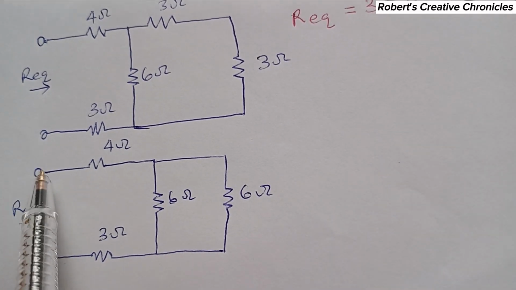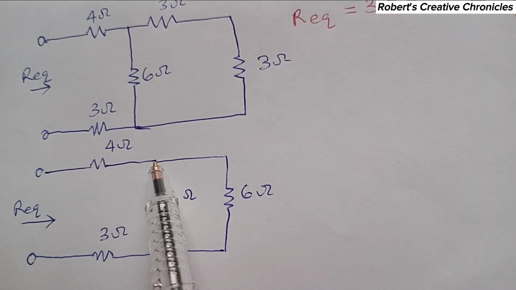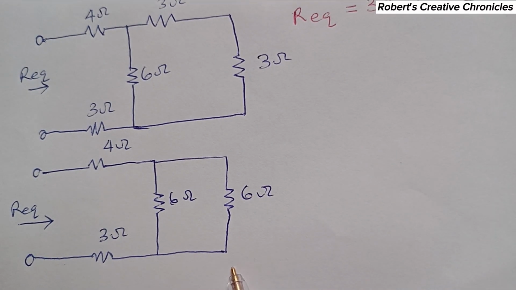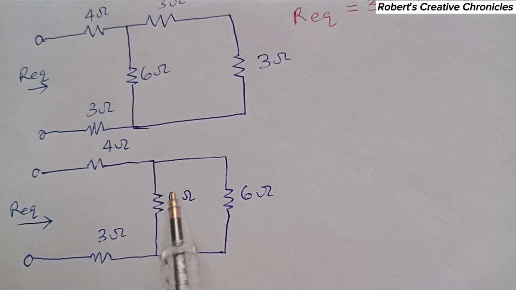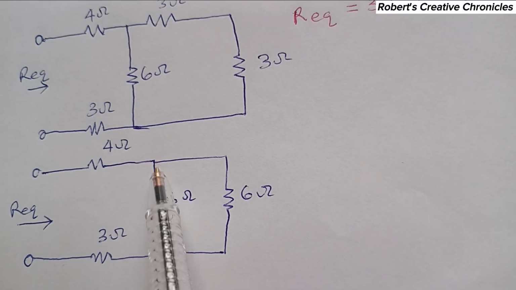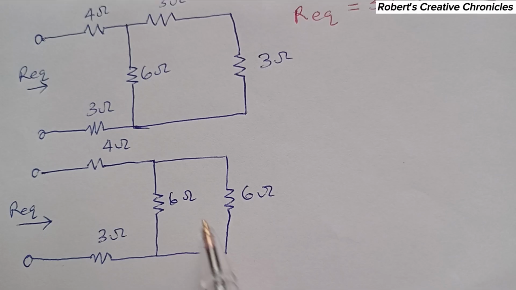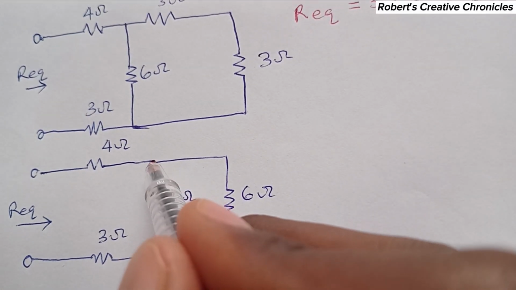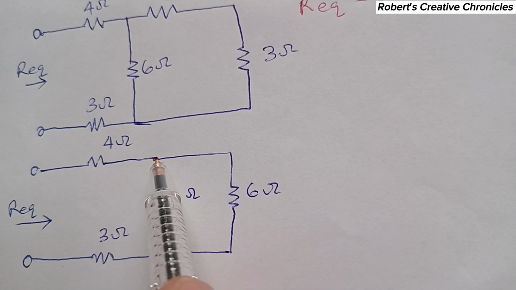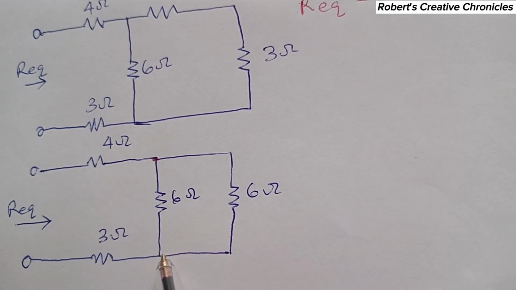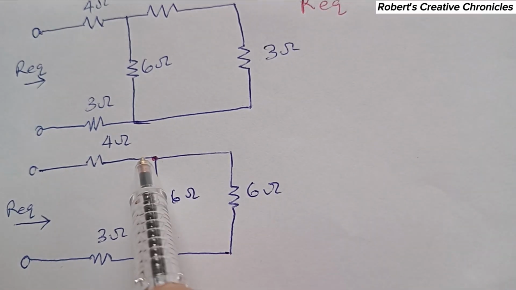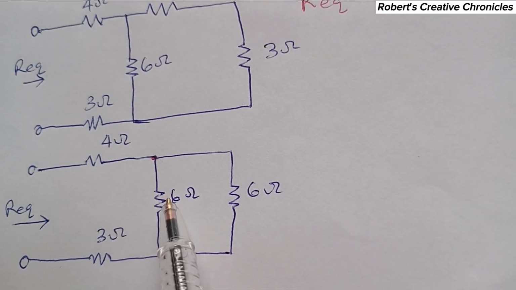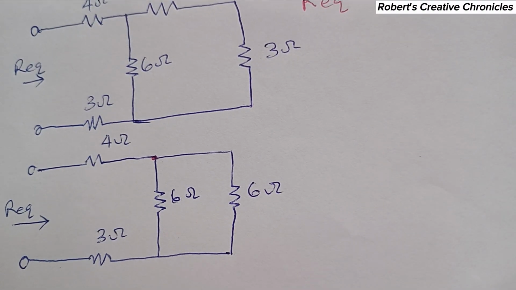So now in the same way, when the current flows through here, at this point, it will divide. Some will enter here, some will enter here. When the current flows through this circuit, a portion enters the 6 ohm resistor here and comes out, and that portion enters the other 6 ohm resistor and comes out. So that means the 6 ohm and 6 ohm resistors are parallel to each other.